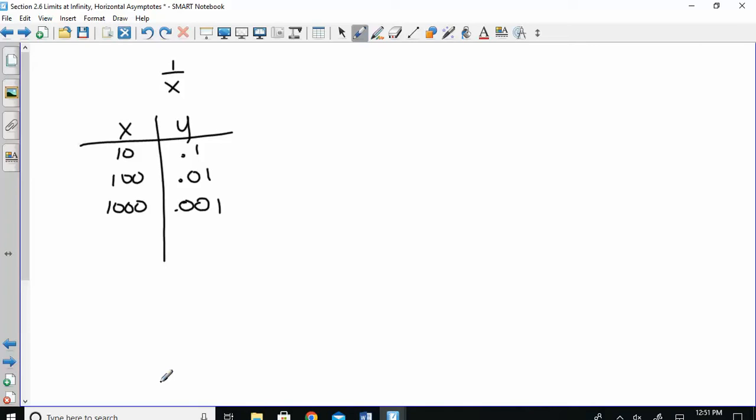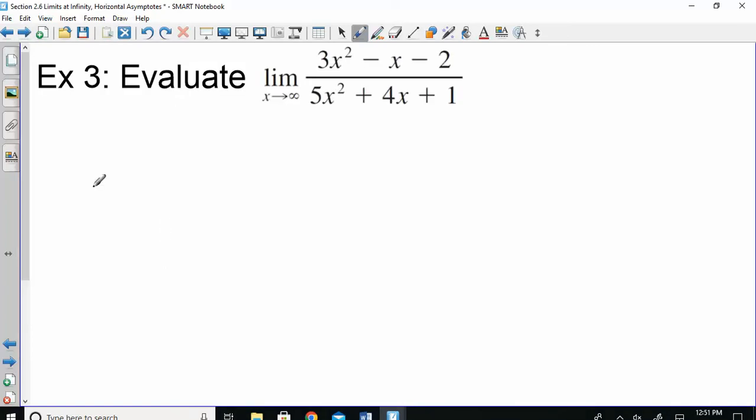So the more people I add in, the less each of you get, so the amount you're getting is going towards 0. Does that idea make sense to everybody? So if you have 1 over infinity or 1 over negative infinity, we can assume that goes to 0.